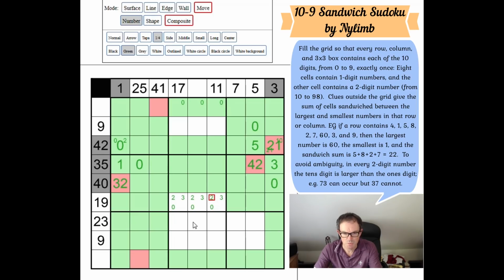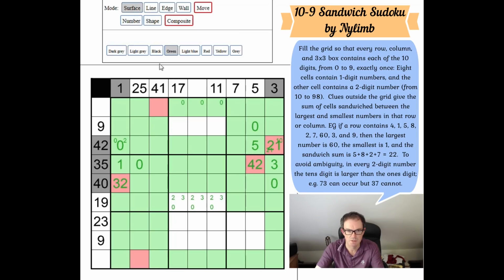So can this square be the 2-digit cell in this row? I don't think it can. And the reason is that that would place the boundary either here or here. But if you look at both these columns, you can't put a valid cell boundary because 0, 1, 2 and 3. And we talked earlier on about how the lower boundary has to be a 0, 1 or a 2. So I think this square is green.